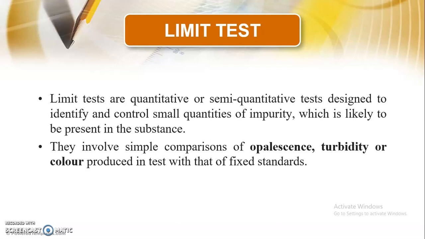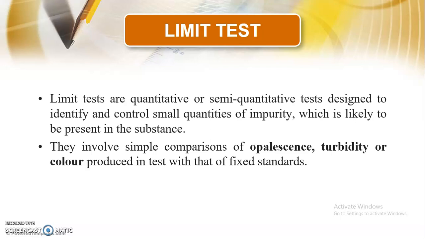Different pharmacopoeias give a specific limit for each impurity, such as chloride or sulfate, that may be present in a pharmaceutical substance. If they are present above that limit, that particular substance cannot be used as a pharmaceutical substance. So we have to keep the impurity below the limit provided by the pharmacopoeias.